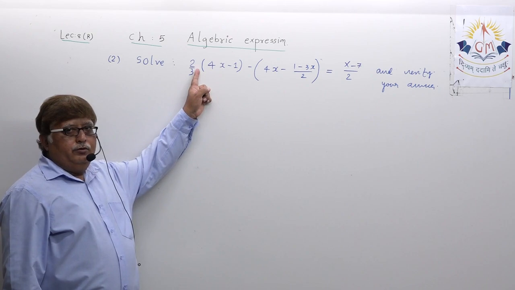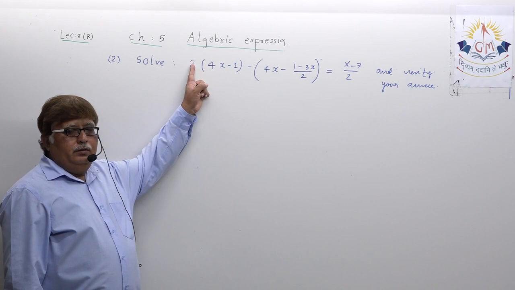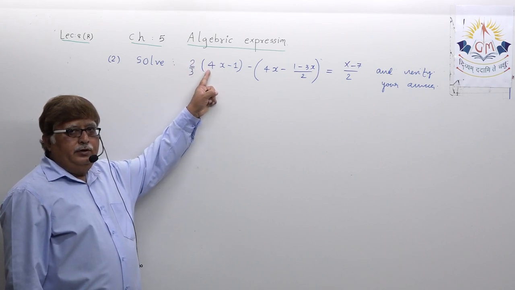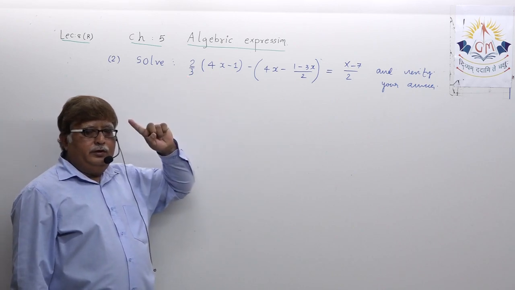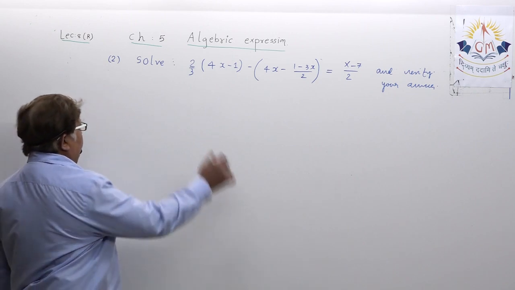To open this bracket, only the numerator will multiply, not the denominator. Make it quite clear, okay?